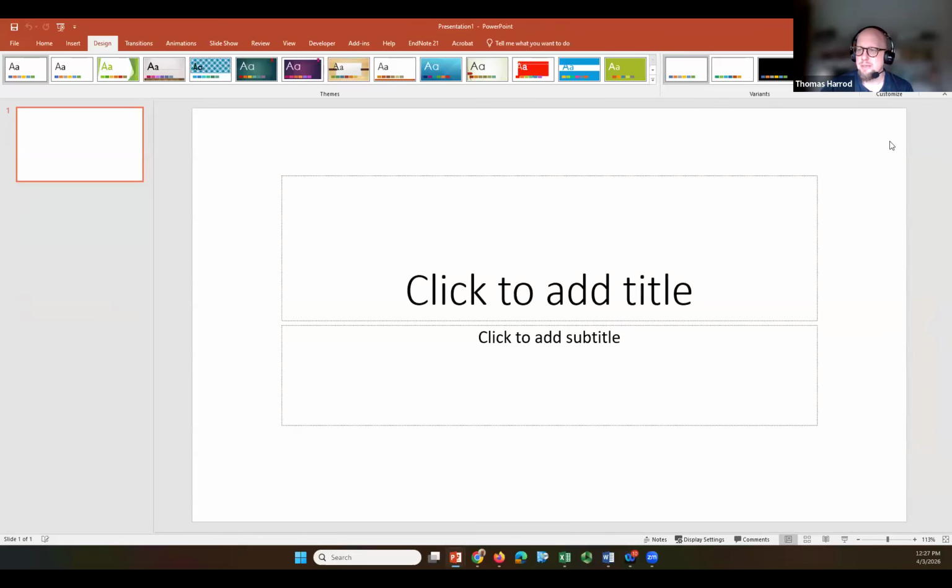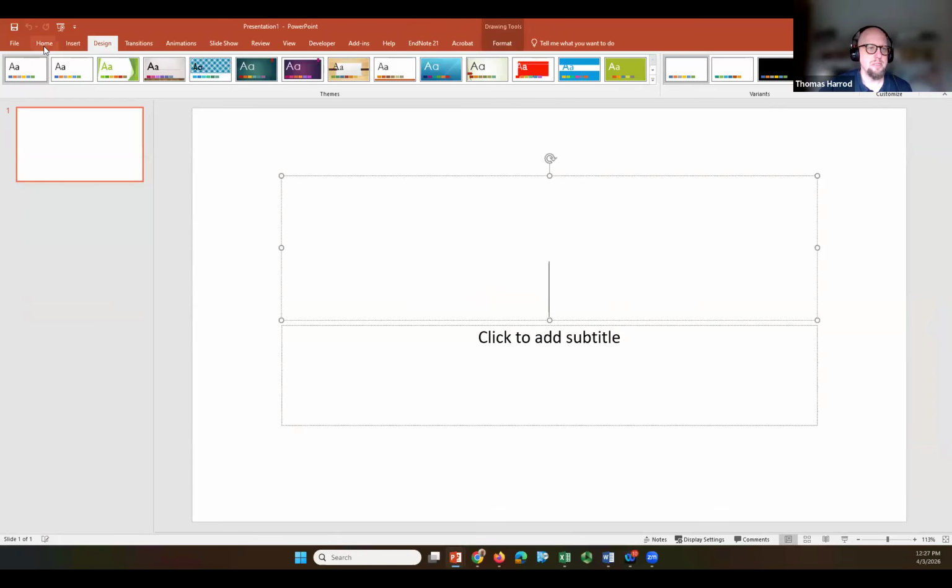one of the ways that, if no template is provided, you can create a poster using PowerPoint. The way you do that is I open up a blank slide, go to Design, Slide Size, and then Custom Slide Size, and I can create the size that I need.